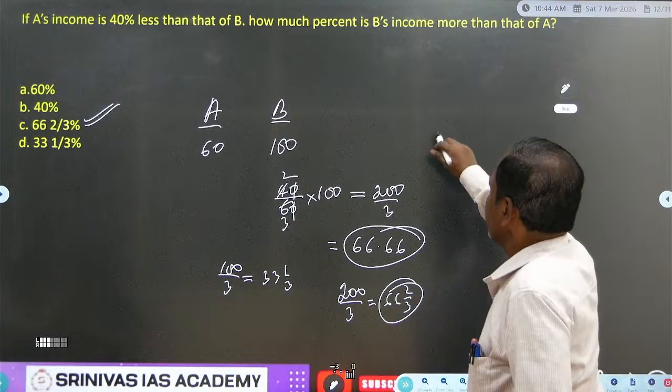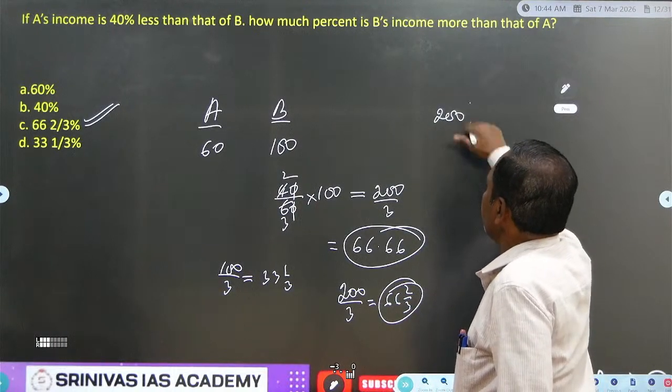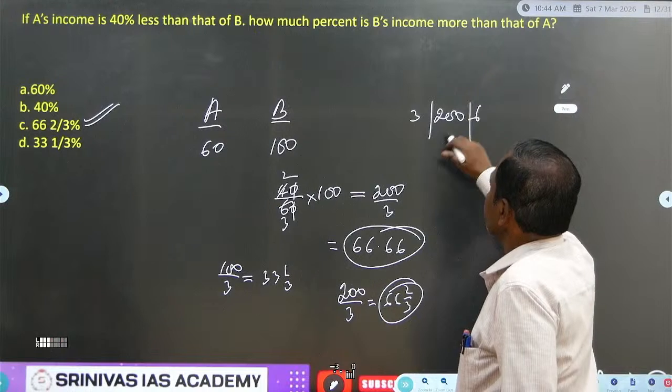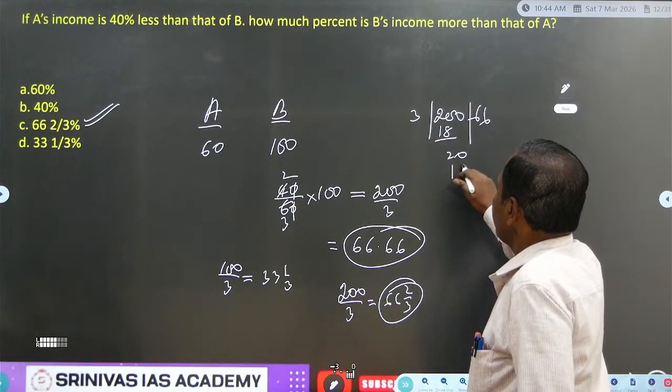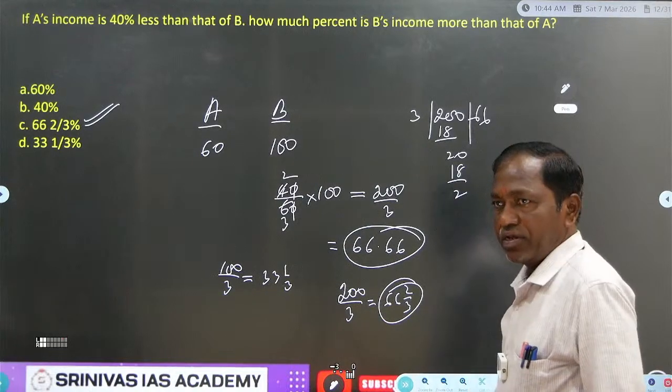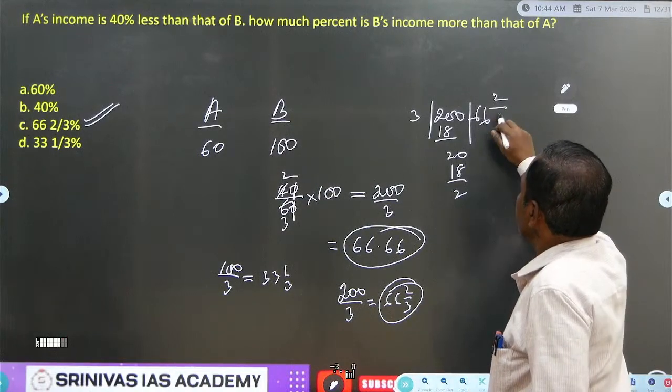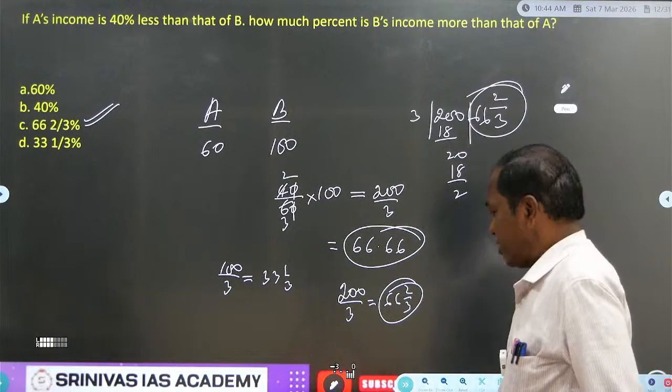How? Let's see that. 200 by 3. 3 6s are 18 and 2, 20. 3 6s are 18. 2 remains. Now this 2 becomes here, 3 becomes 66 2 by 3.